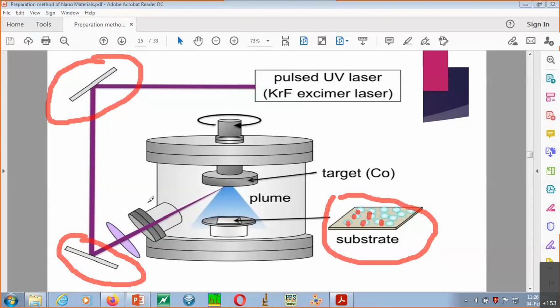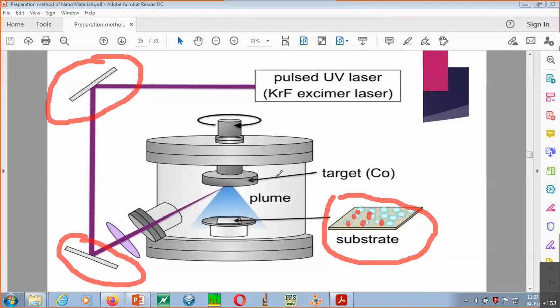As someone said earlier in the chat box, if you provide a high amount of energy to the metal, then it is possible that the metal itself can break into parts. To avoid that, you need to arrange your reflectors in such a way that only a little amount of energy is directed towards the target material, so that the surface particles of the target material can come out.